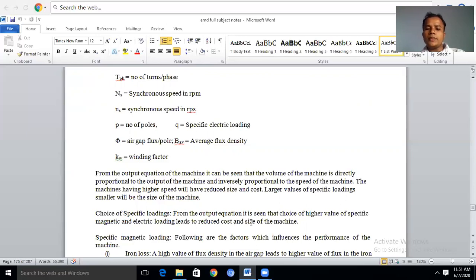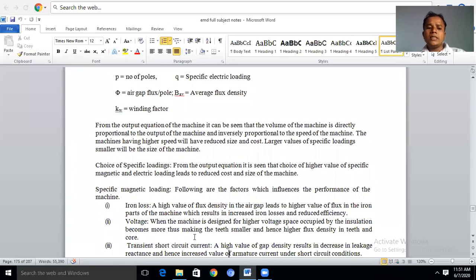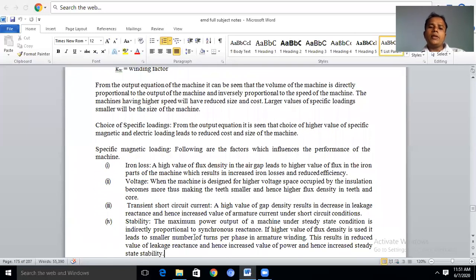From the output equation, it is seen that the choice of higher values of specific magnetic and electric loading leads to reduced cost and size of the machine. Keeping in mind the reduced cost and size of the machine, we need to consider the specific loadings. First is the specific magnetic loading.